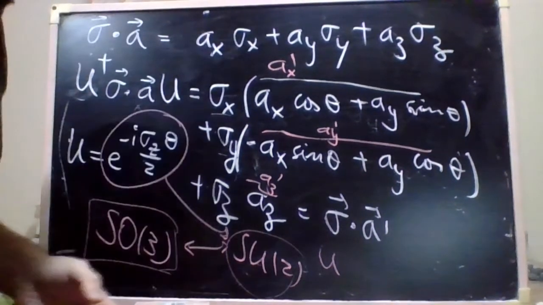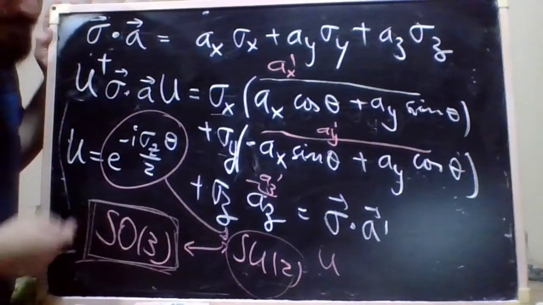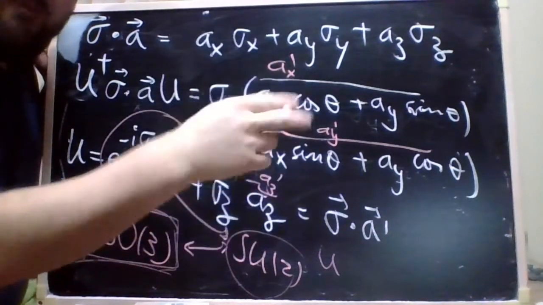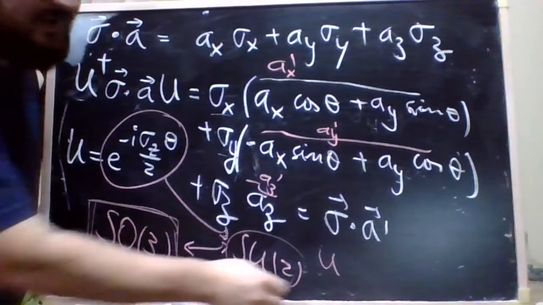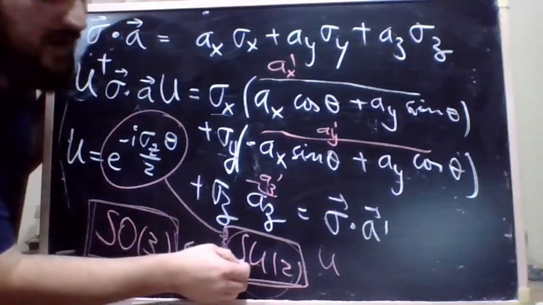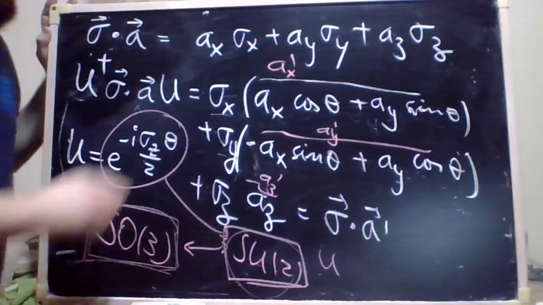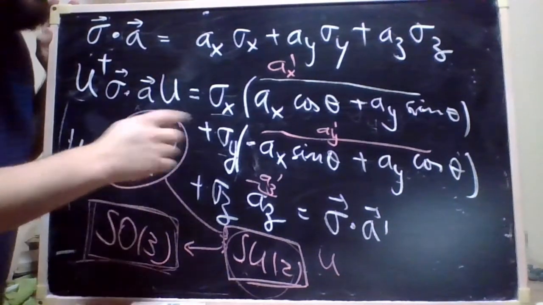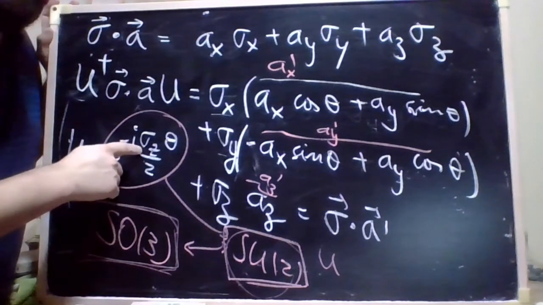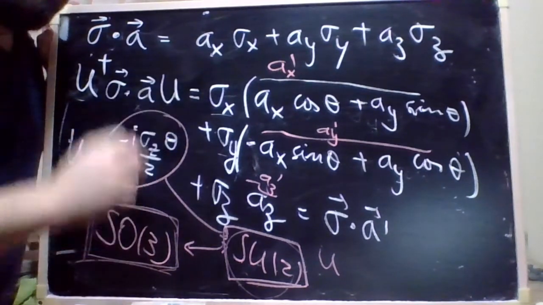There are objects which transform according to this group, two-component complex vectors in Hilbert space. And the matrices linked to the rotations, in this case rotation around the z-axis, the sigma z matrix, are called the generators of the group.